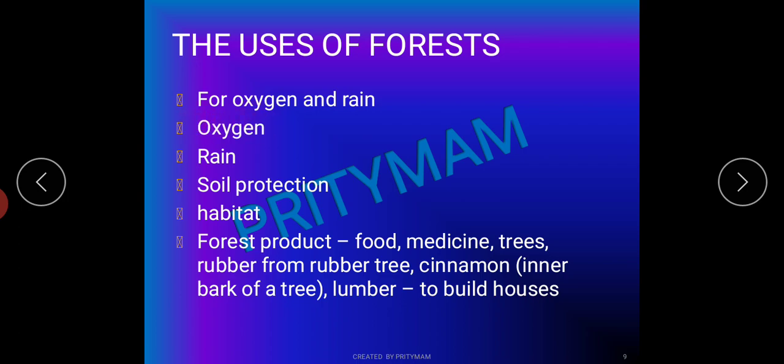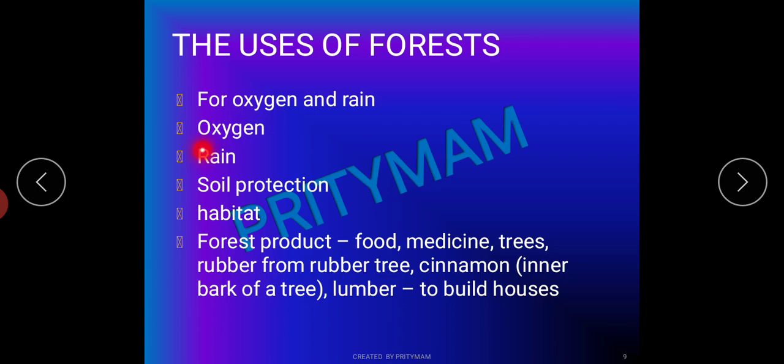The plants in the forest use carbon dioxide to carry out photosynthesis and to make food, isn't it? Oxygen is the product of photosynthesis. Thus, the forest plants clean the air of carbon dioxide.